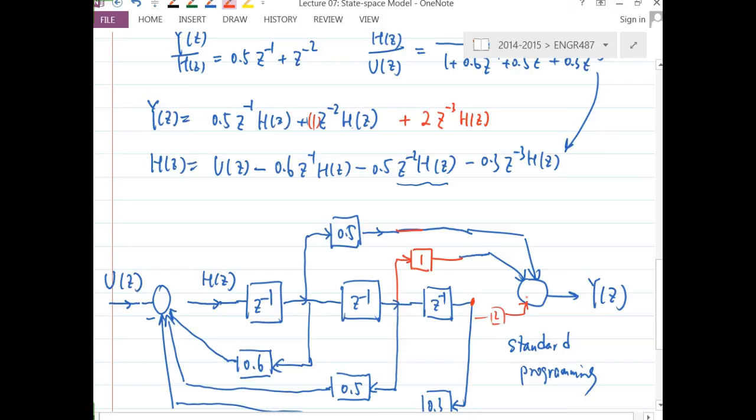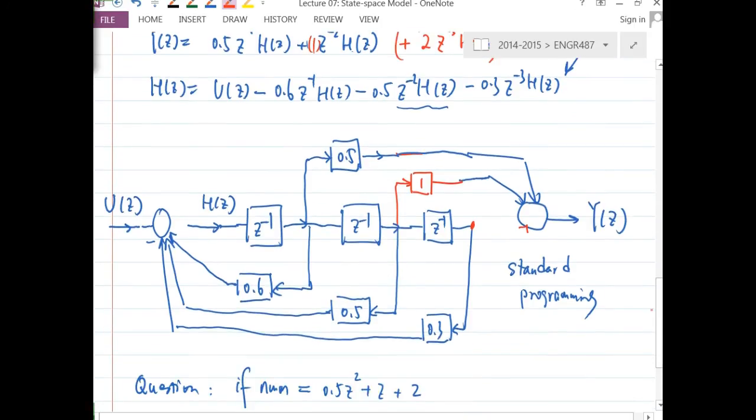Okay, so let's still stick to the previous one. Here's a simulation diagram. How will we obtain the state space model based on the simulation diagram?